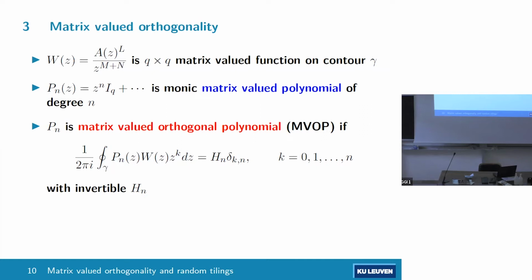And this integral is again taken entry-wise, and it should be 0 whenever k is less than n. So up to n minus 1, you have some orthogonality here. It's interpreted as an orthogonality. And at k is n, you have some matrix that I call Hn here. It should be some invertible matrix.